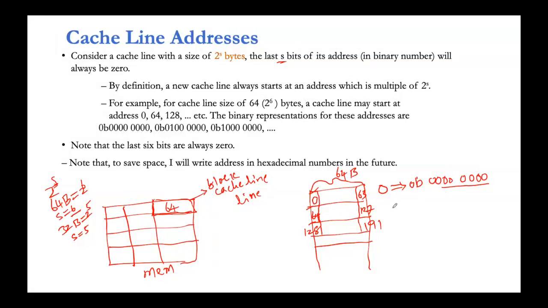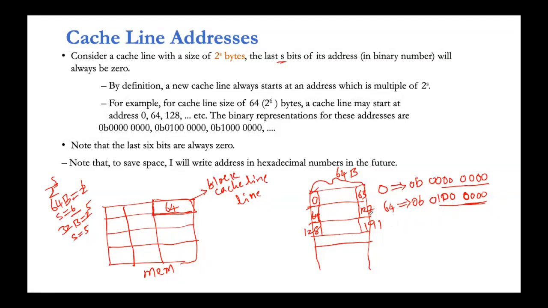If you take the next cache line, 64, its binary form is 0100 0000. The last six bits are zeros in this case.